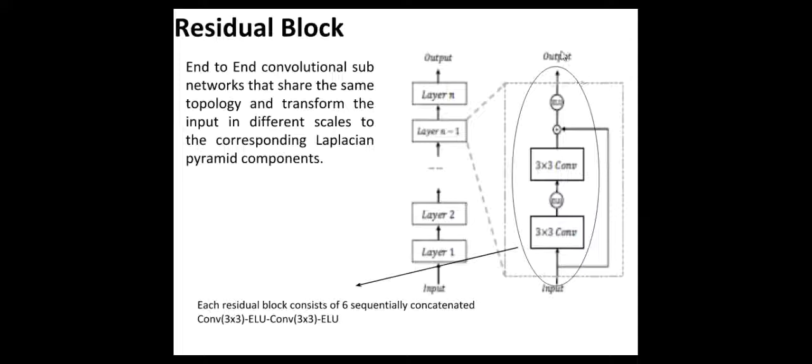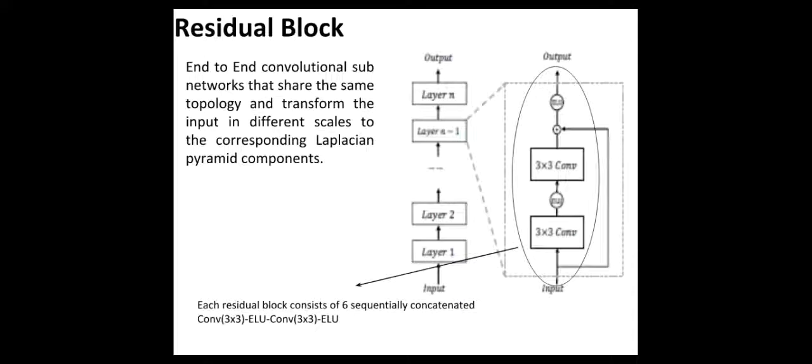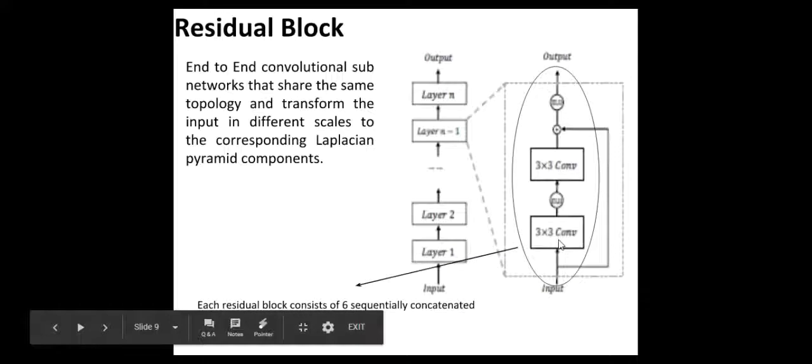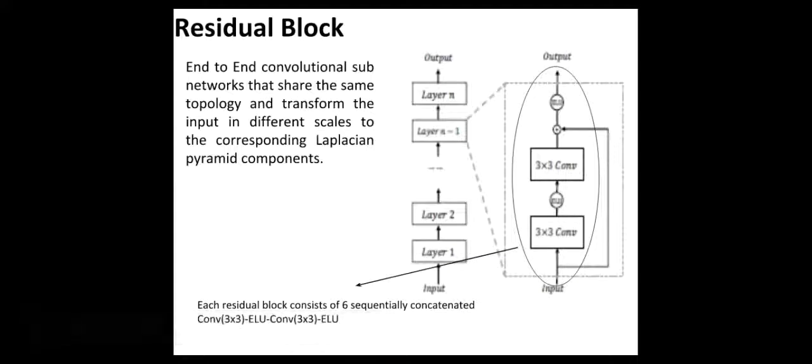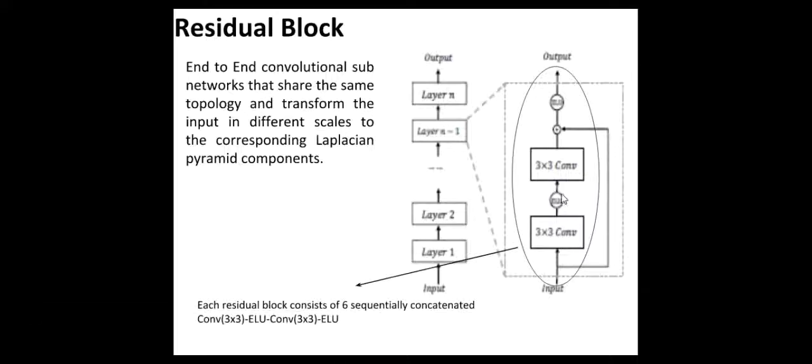The residual blocks are end-to-end convolutional subnetworks that share the same topology and transform the input in different scales to the corresponding Laplacian pyramid components. Each residual block consists of 6 concatenated sequences: a 3 by 3 convolutional filter, and then ELU, which is expanded as exponential linear unit, and then a 3 by 3 convolutional filter, and then one ELU.